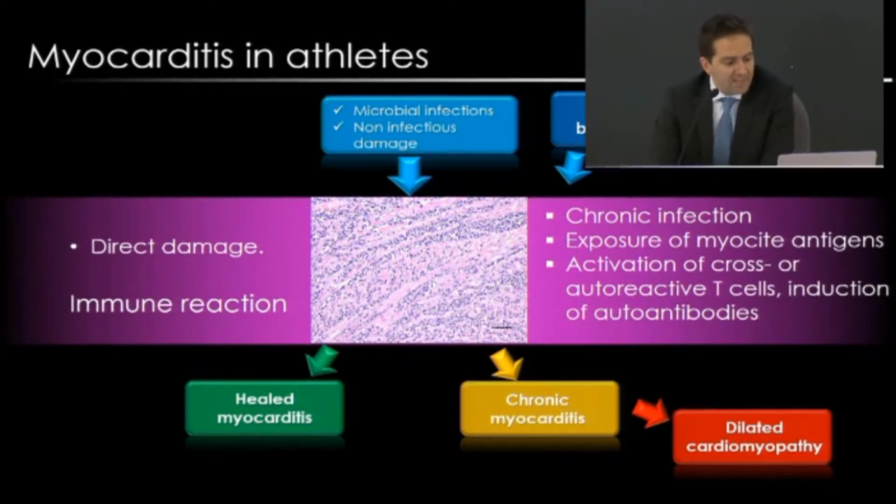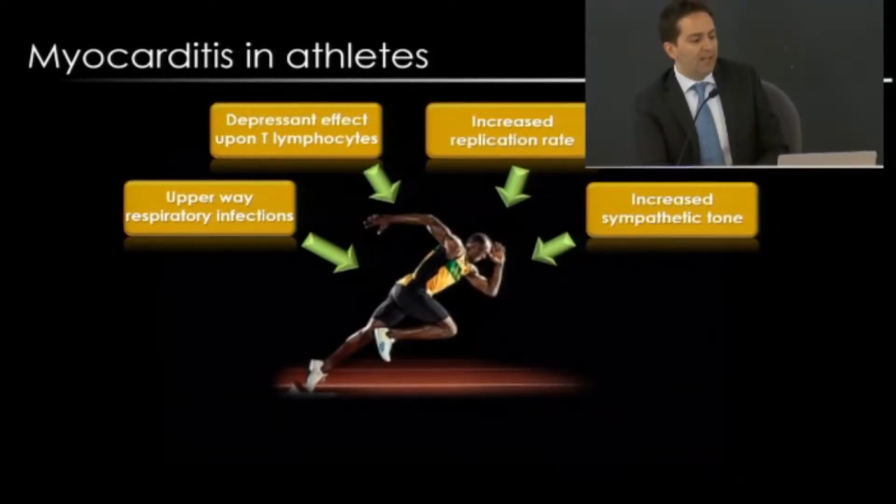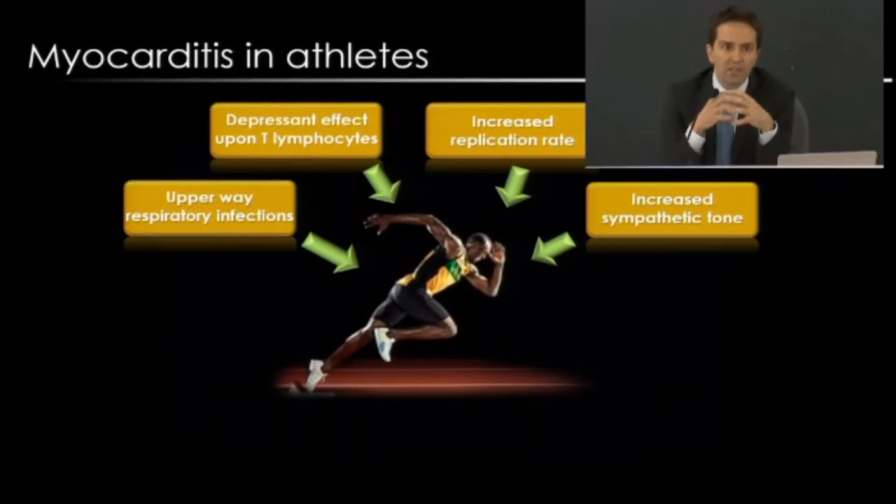So why is myocarditis important in athletes? It is important because exercise activity may be very dangerous in these individuals for different reasons. The first one is that intense exercise may cause upper respiratory infection, and may have a depressant effect on T lymphocytes.